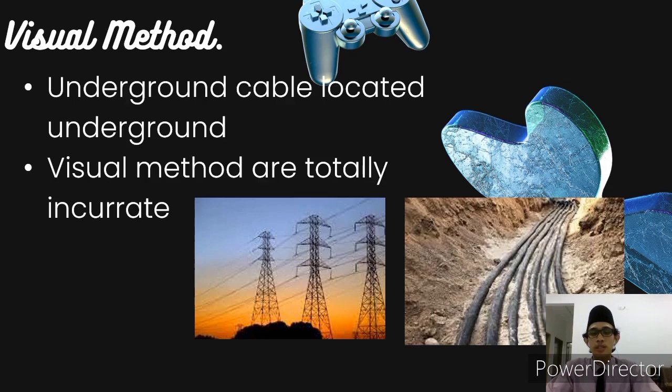So, as a comparison, visual methods are not accurate for finding faults in underground cable. Meanwhile, overhead faults are easy to find. That's why underground cable is very hard to locate the fault, because we cannot see with our eyes. We need to use the Valley loop or other methods.